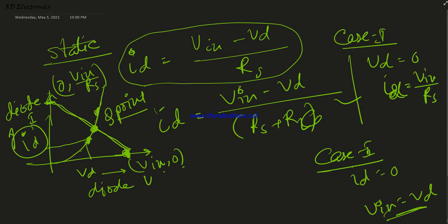But there is a certain limit for the Q point, because below the threshold level the diode is in the off state, and above a certain point a large amount of current flows through the diode, so the diode will be damaged.